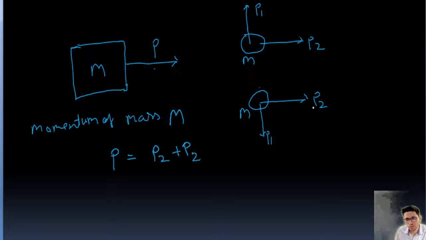This is P2 and this is P2, right? So P equals P2 plus P2, or from here we can get the value of P2 equal to P by 2, because P2 plus P2 is 2P2. So P2 equals P upon 2. This is the value of P2 we have got. Say this is equation 1.